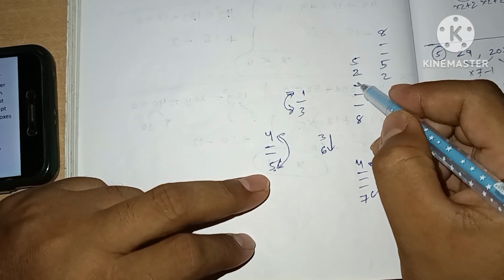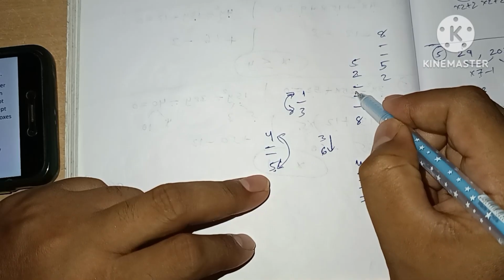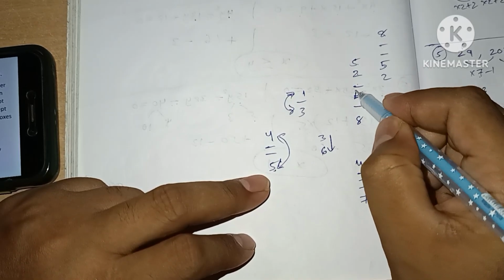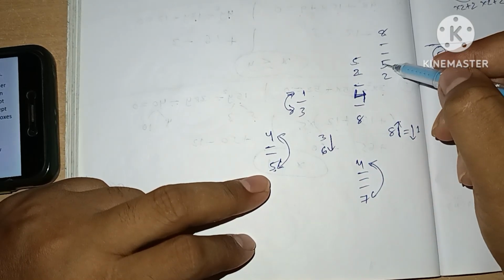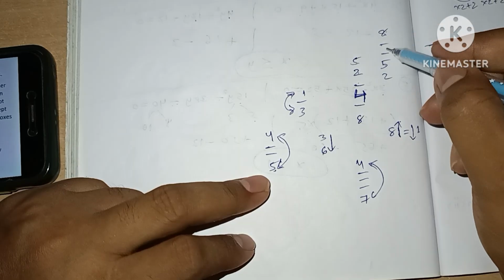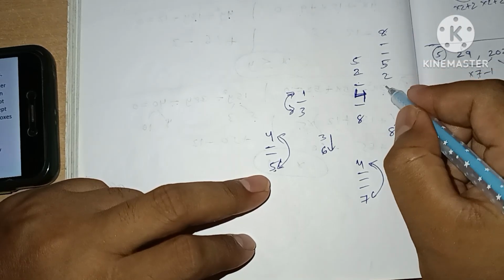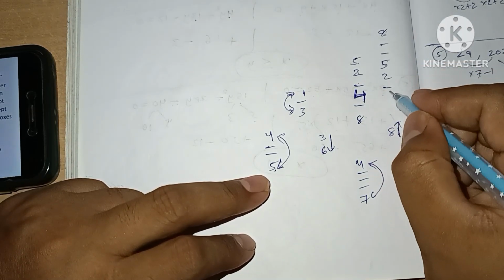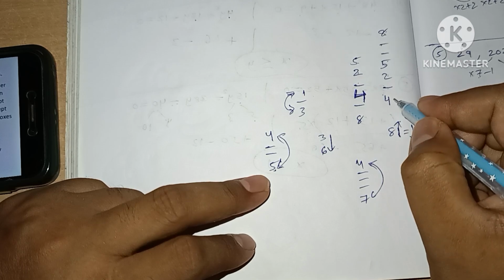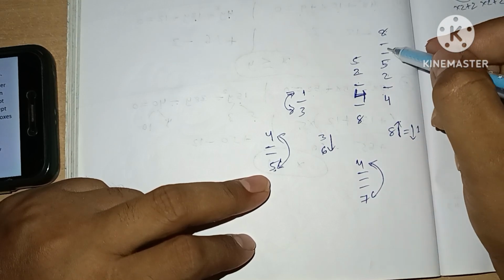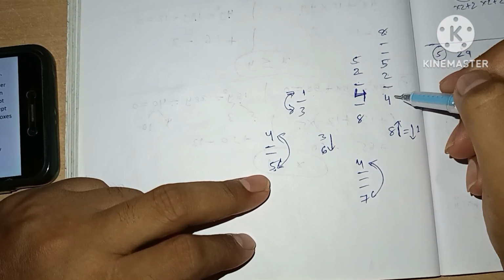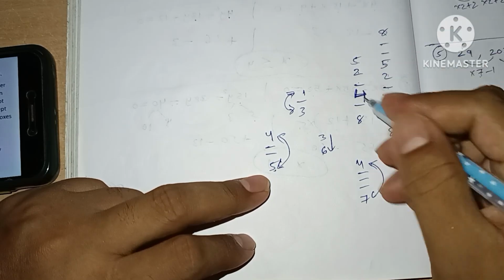So 1, 2, this is the place for 4 in this case. In this case, 1, 2, 3, 4, 5, we can place 1, 2, 4 here. We cannot place a 4 here. So this is the only possibility for the place of 4.